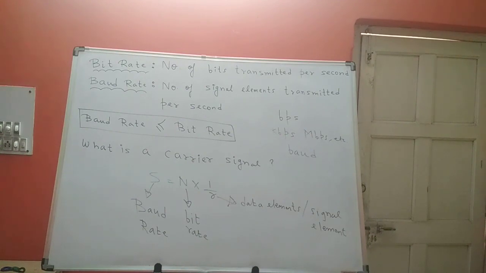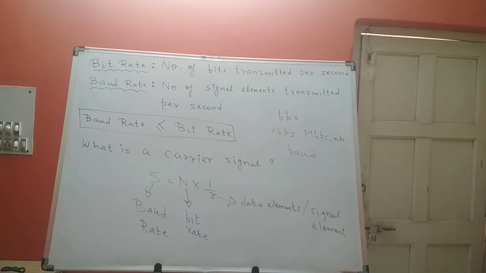Please note down, I'll dictate what a carrier signal is. You please write it down. In analog transmission, the sending device produces a high frequency signal that acts as a base for the information signal. This base signal is called the carrier signal or carrier frequency.